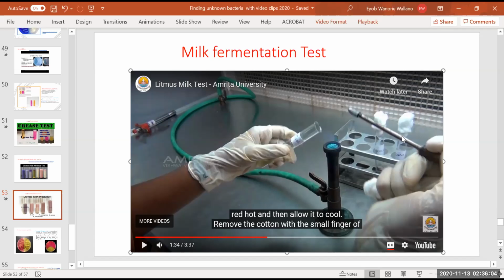If you are going to use the left hand, you use the loop in it. If you are right-handed, you use the loop in the right hand. And always remember in the future, in the laboratory, if you have a tube with a lid, the lid must be held by the hand which is holding the loop.